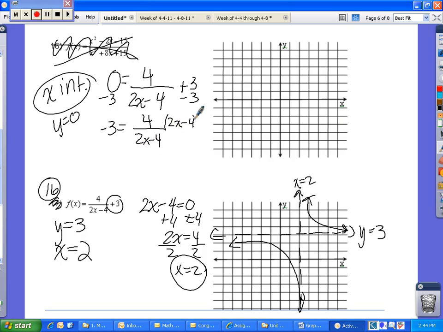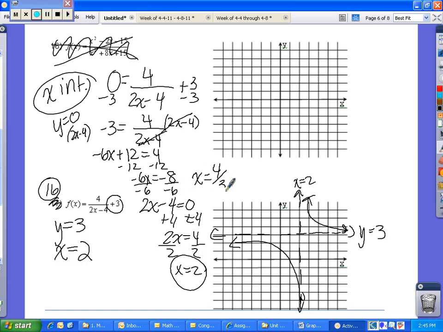Multiply both sides by 2x minus 4. And so you're going to distribute that negative 3, so it'll be negative 6x plus 12 equals 4. Subtract 12, negative 6x equals negative 8. Divide by negative 6, and x equals 4/3. So 4/3 is your x-intercept.